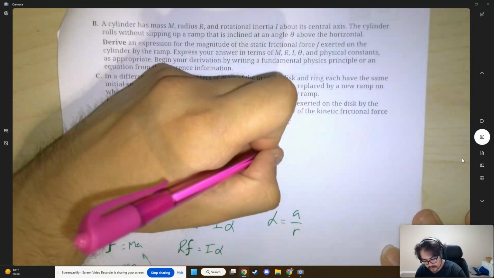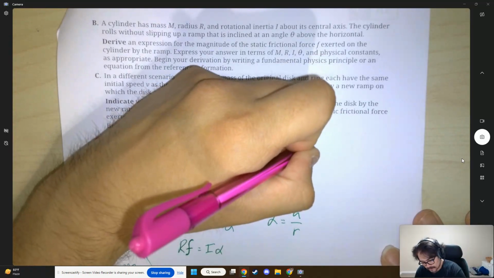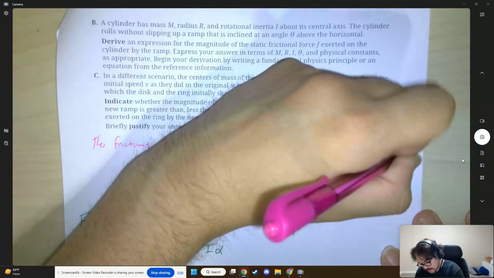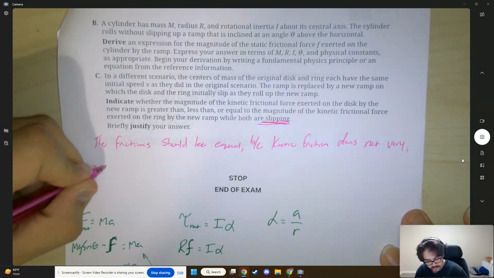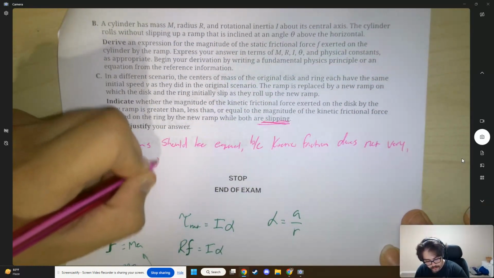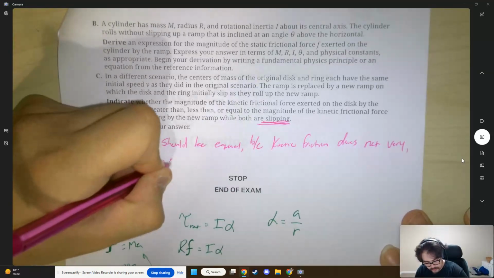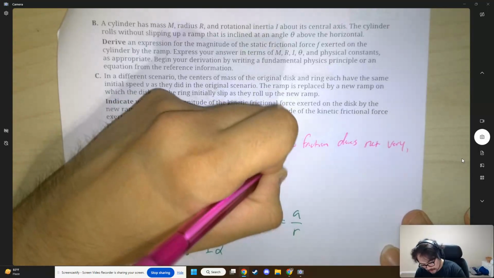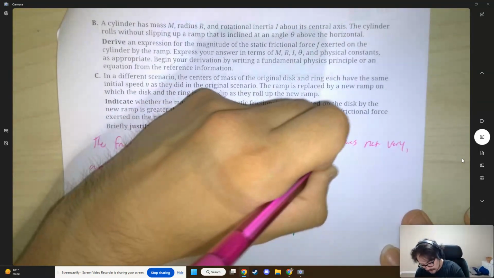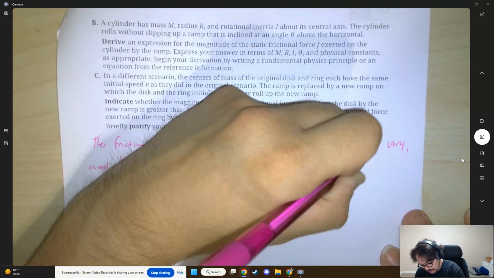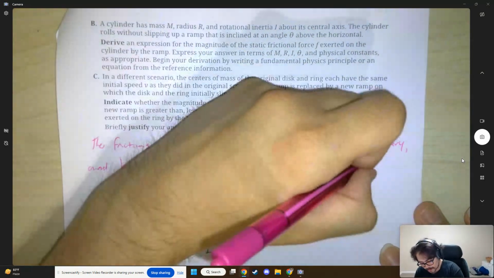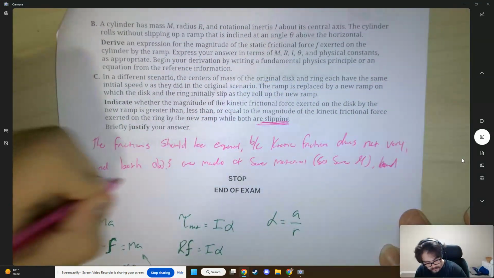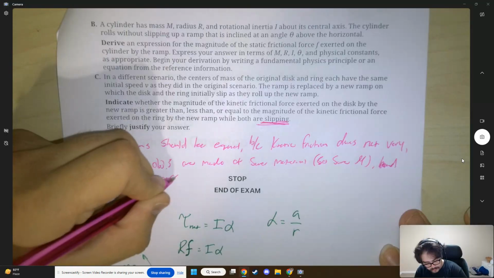Because kinetic friction does not vary, and both objects are made of the same material, so same mu, okay, and have the same mass, okay?